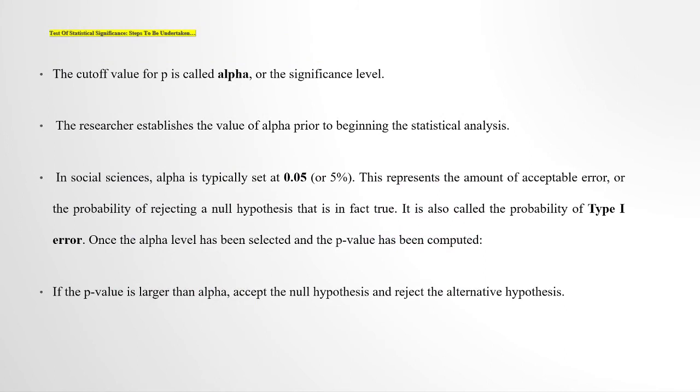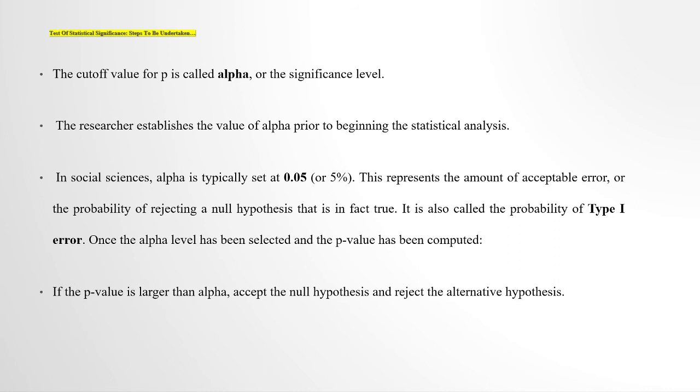This alpha is the cutoff value for p, and is known as the significance level. Here the researcher establishes the value of alpha prior to the beginning of the statistical analysis itself. Generally in the social sciences, alpha is typically set at 0.05, or we can say 5%.